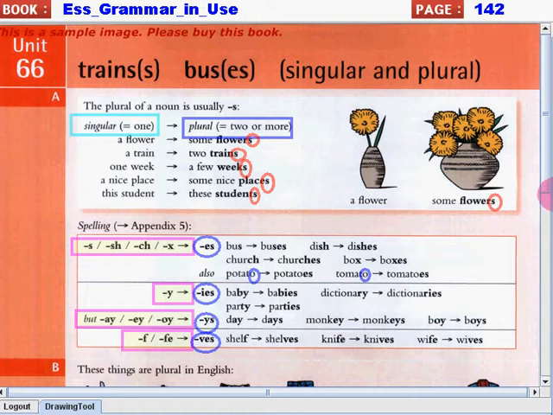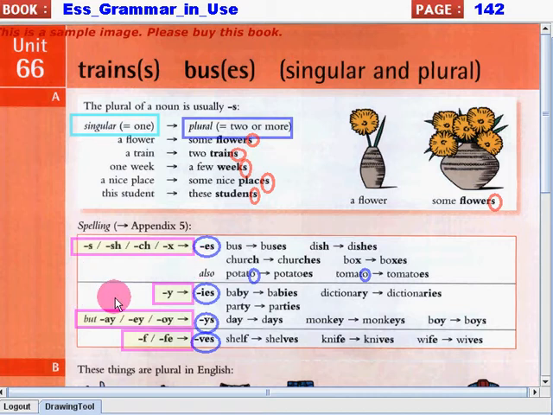When we are forming the plural form of the noun, basically, the rule is to add S, as with these examples. A flower, some flowers. But of course, we have some spelling rules we have to follow. If the nouns end in S, SH, CH, X, or O, we have to add ES, as with these words.